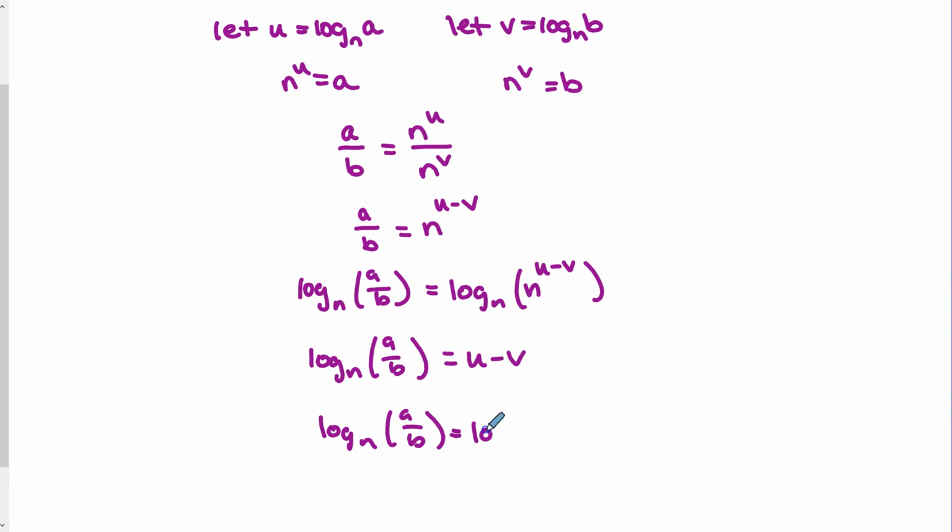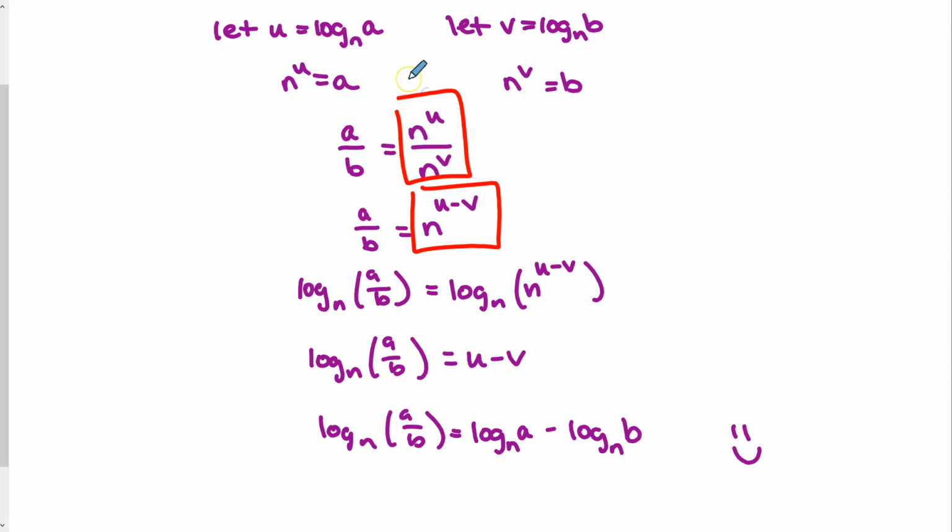U is log base n of a, and v is log base n of b. So there's that proof. It shouldn't surprise us that the proofs of these logarithmic properties rely on exponent properties, since exponents and logarithms are inverses of each other.